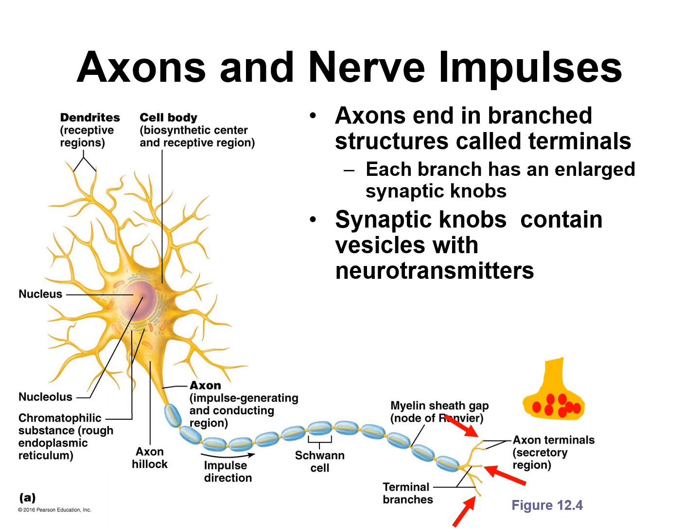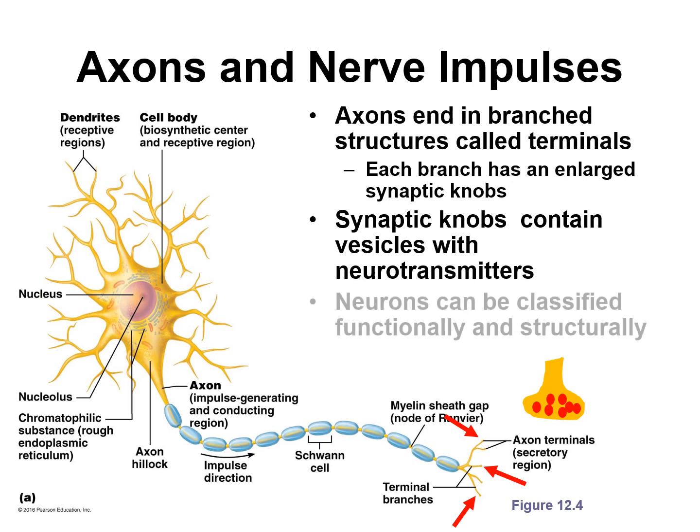And within those synaptic knobs, there are these vesicles shown here in red, which contain the neurotransmitters. So again, these structures here are called axon terminals, and at the very end, that axon terminal is enlarged into what's called a synaptic knob, and that synaptic knob contains vesicles which contain neurotransmitters.